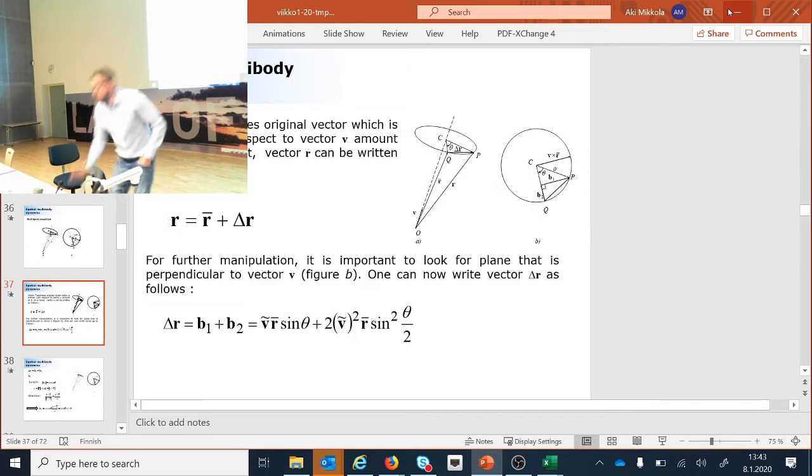So again, my target here is to find a relation between my original vector R and my final configuration vector R bar. And how are they related?